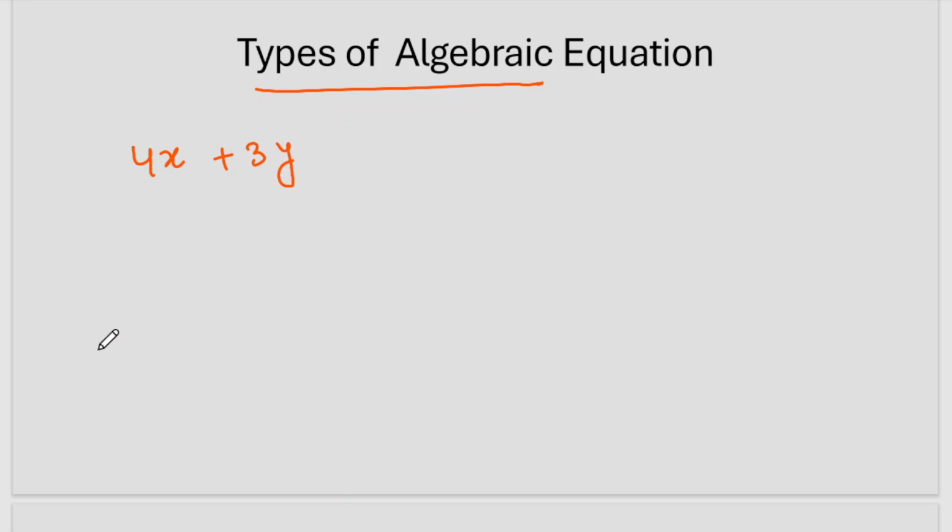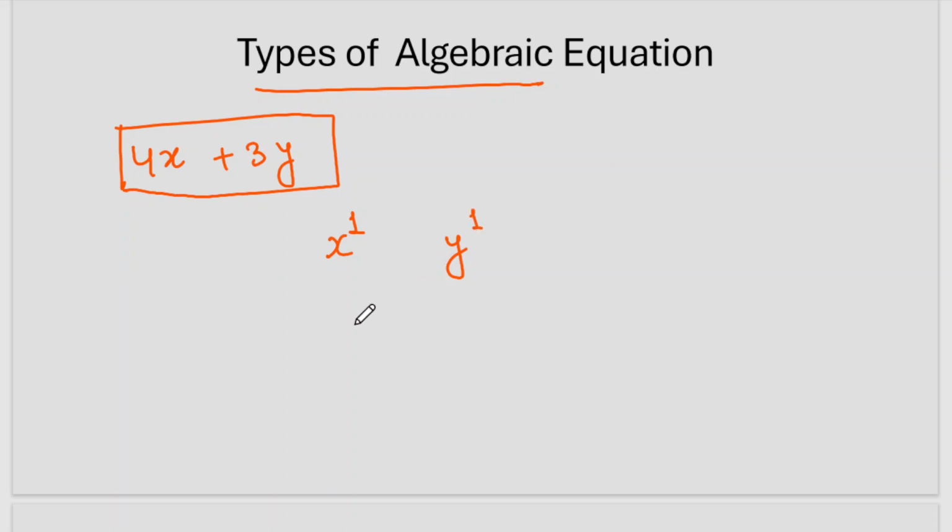I said, yes, there are two terms in this algebraic expression. It is a binomial. But there is one more thing. You can see we have two variables here, one variable is x and the other is y. What is the power here? You will say, sir, the power on x is 1 and the power on y is 1.